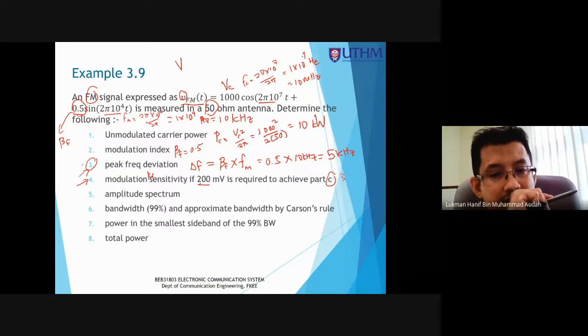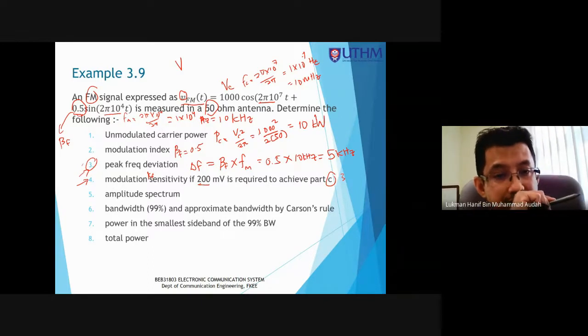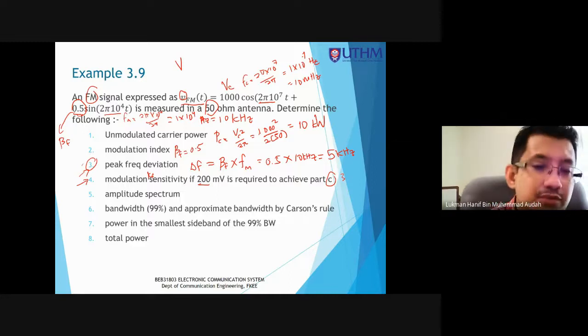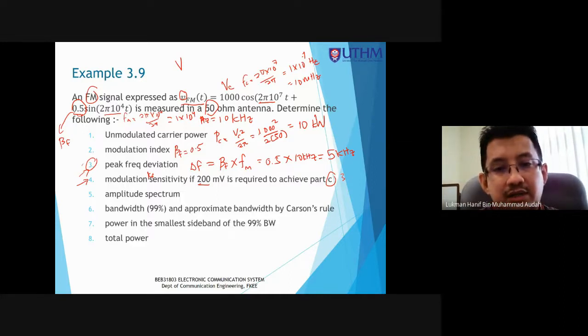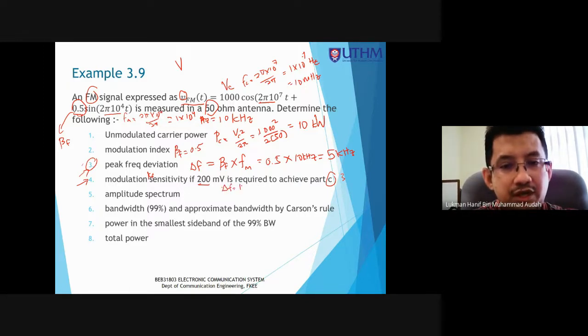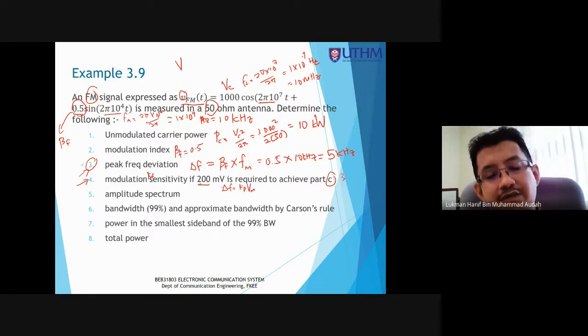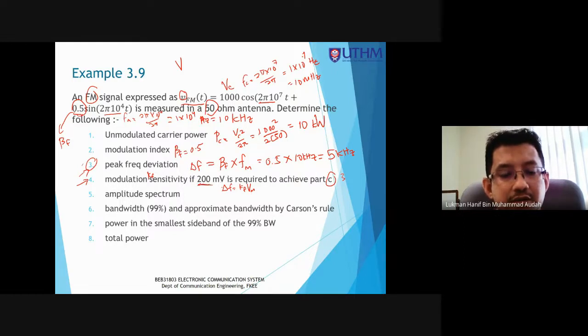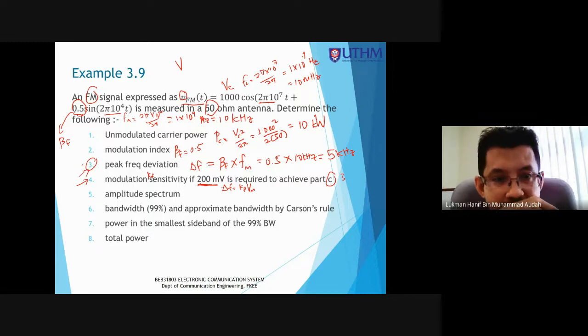If you see from question 3, delta F, if you remember, is actually equal to Kf Vm. You want to find Kf, and you have already been given Vm. Vm is given here. How do I know this is Vm?